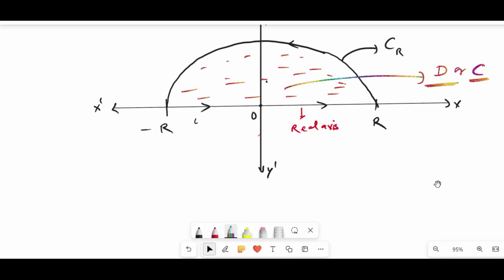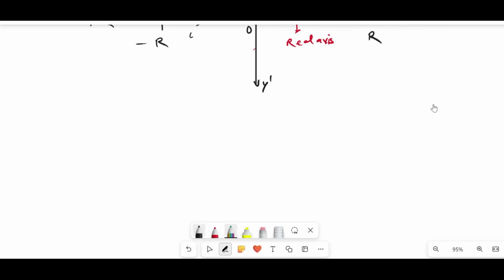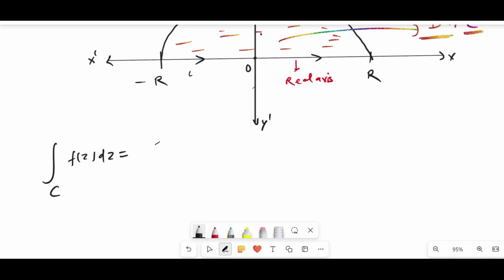So now this whole complex integration over the curve C of f(z) dz is the sum of the line integral from negative r to r of f(x) dx plus the line integral over the curve C of radius r of f(z) dz.